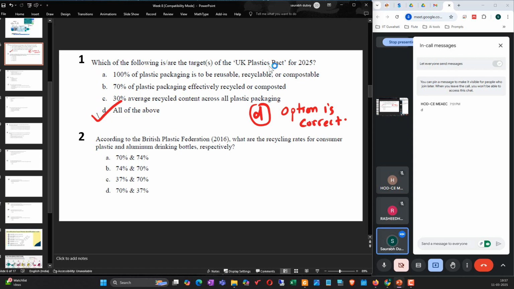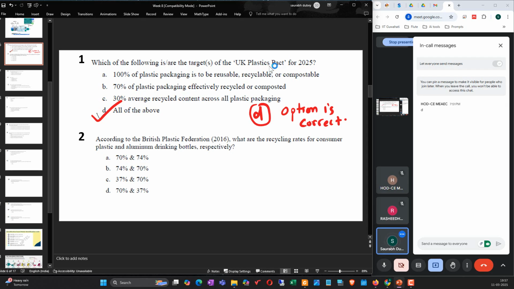And the next question here is this: according to British Plastic Federation 2016, what are the recycling rates for consumer plastic and aluminium drinking bottles respectively?